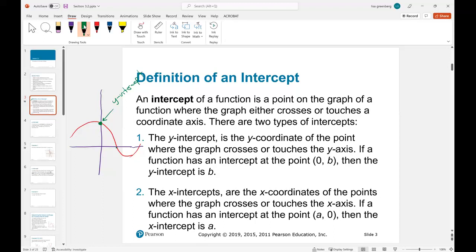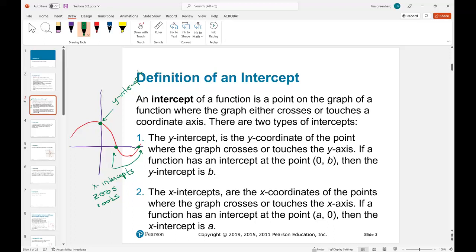We can have as many places where this touches the x-axis as we have. These are the x-intercepts. And again, we can have as many as there are. We also call x-intercepts zeros, and you also might hear them called roots.